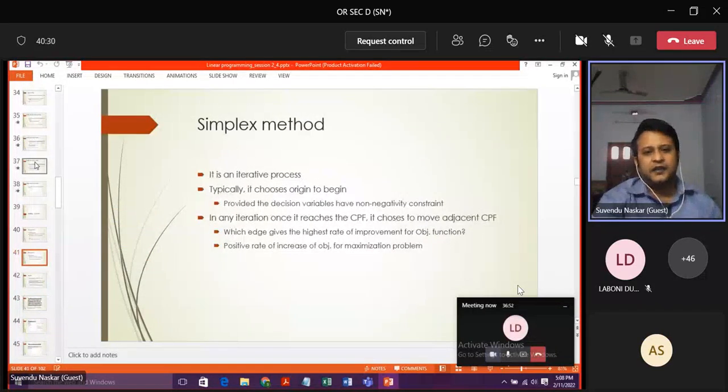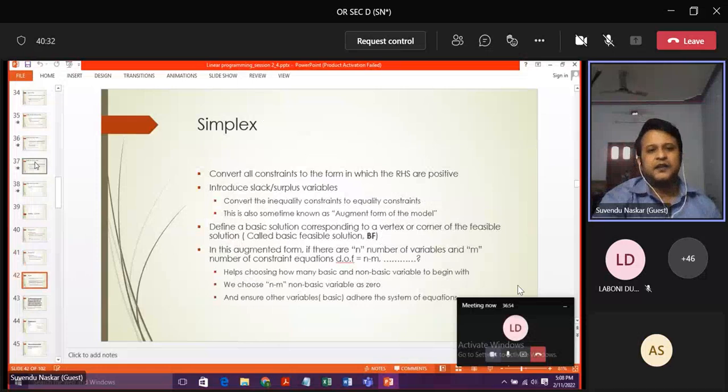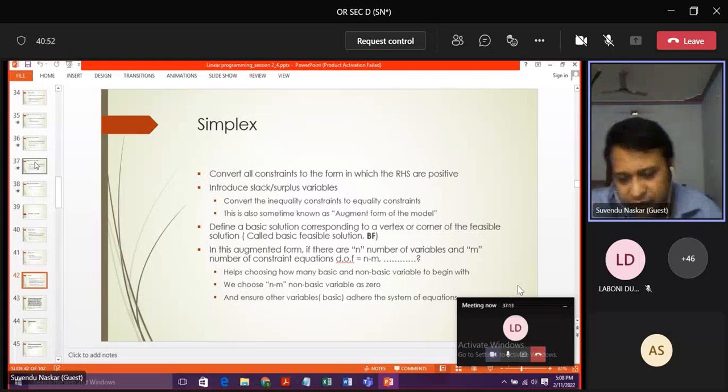Okay, fine, this is done. Again, before we try to solve, we will convert all the constraints to the form in which the right-hand sides are positive. What is the typical maximization problem that we have seen?